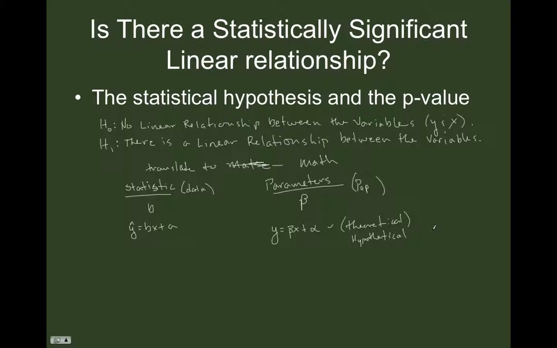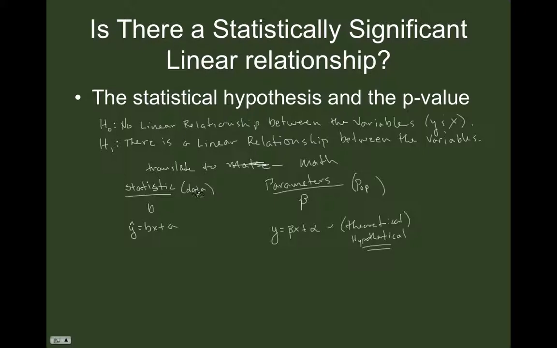In other words, if we could sample every member of a population, which could have millions and billions of elements, it's impossible in many cases to sample the entire population. Therefore, we can almost think of this equation as hypothetical. We believe it's out there, but we have no way of measuring these parameter values, beta and alpha specifically.